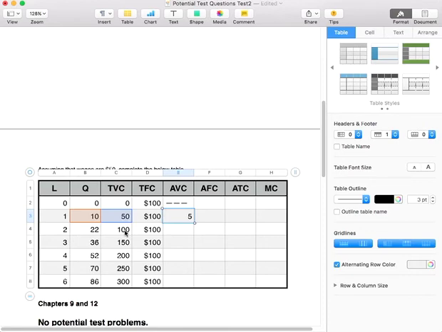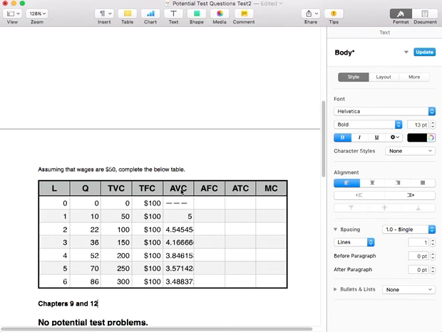And I can redo that calculation, so I'd have 100 divided by 22. So that's 4.54. 150 divided by 36, 4.16. 200 divided by 52, 250 divided by 70, which is 3.57, and 300 divided by 86.